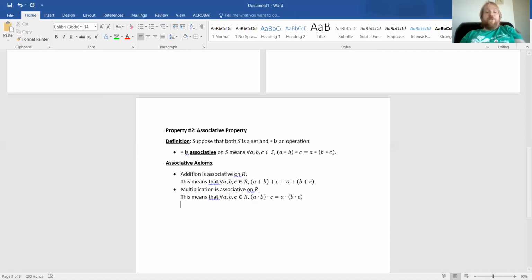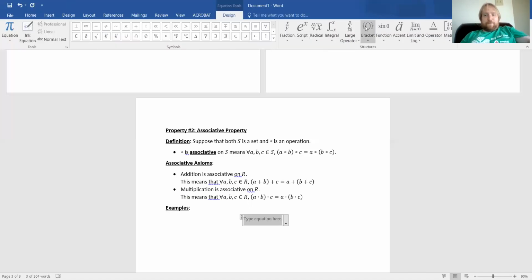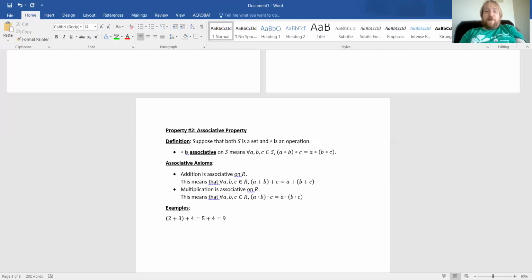Now, for example, if we have A equals 2, B equals 3, and C equals 4, and we look at 2 plus 3 in parenthesis plus 4, we do the parenthesis first, so 2 plus 3 is 5, plus 4, and that equals 9.